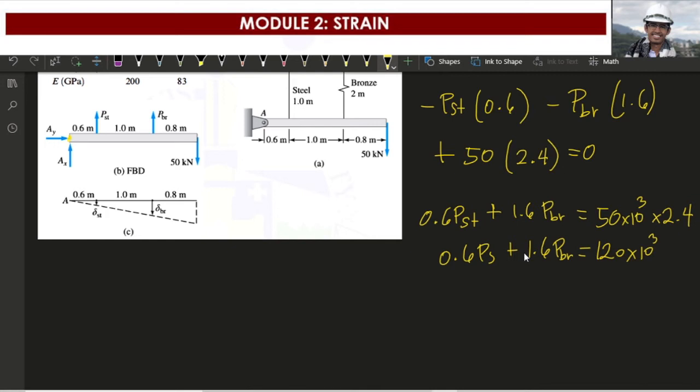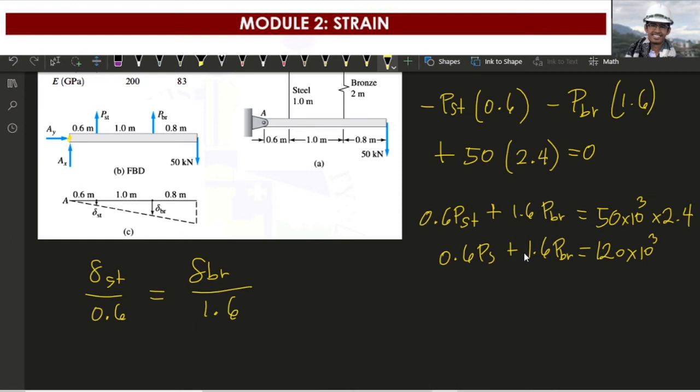So for the similar properties, yung ratio and proportion. So kung itong side, yung maliit na triangle natin, so that will be the deformation of steel over yung distance niya from point A, 0.6. So that is equal to yung deformation ng bronze natin over yung distance niya from point A, so that is 1.6.